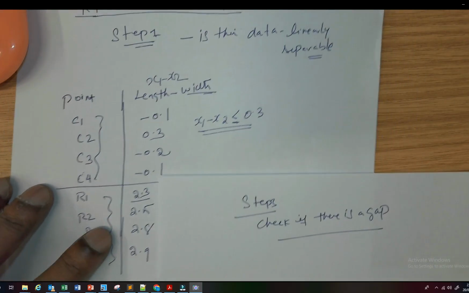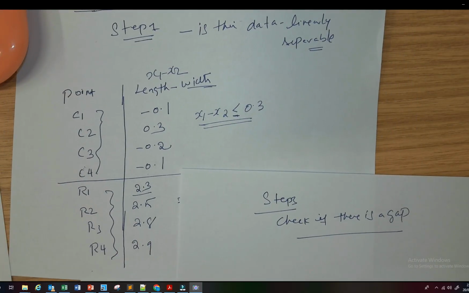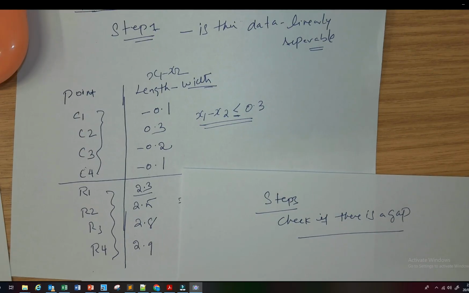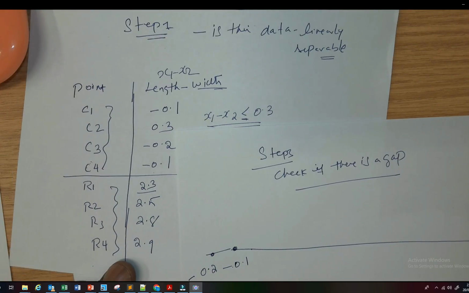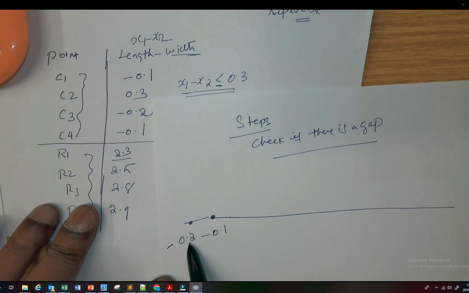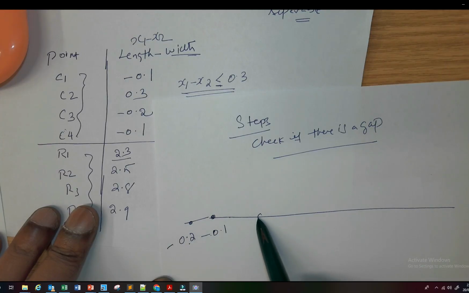if you really plot this data in a one-dimensional way, let's say one point will be minus 0.1, minus 0.2, and then another point is 0.1. Sorry. So what I did is I plotted minus 0.2, minus 0.1, and then let's say 0.3 is around here.